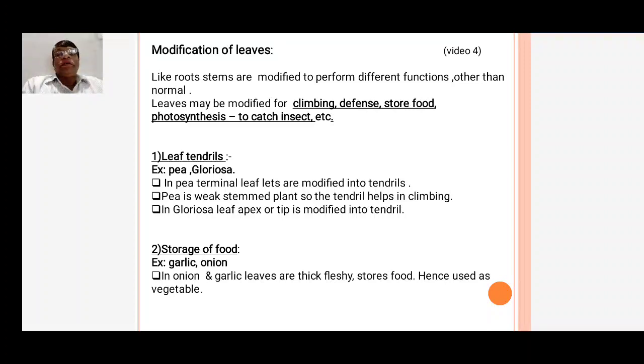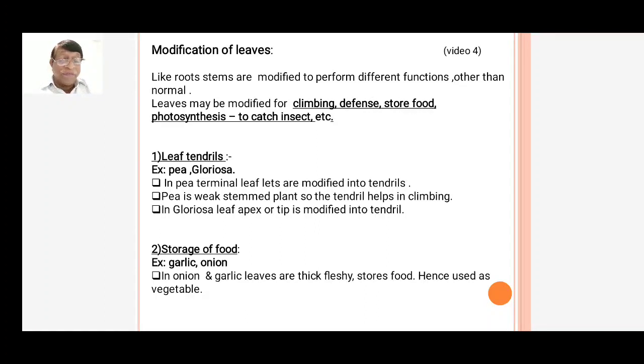Okay. Next we shall see the leaves modified for storage of food. In case of onion, the leaves are thick and fleshy, succulent. What do you call the term?